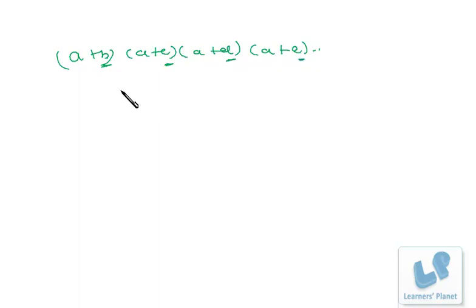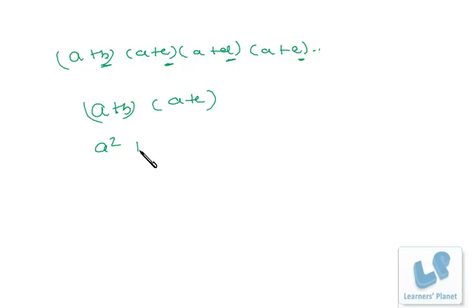Similarly, if we have an expression like (a plus b) into (a plus c) into (a plus d) into (a plus e), and it is divided by a, the remainder will be b into c into d into e, right? Let me take a small example: (a plus b) into (a plus c).